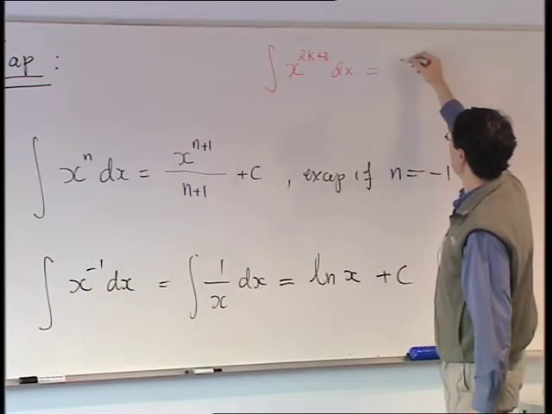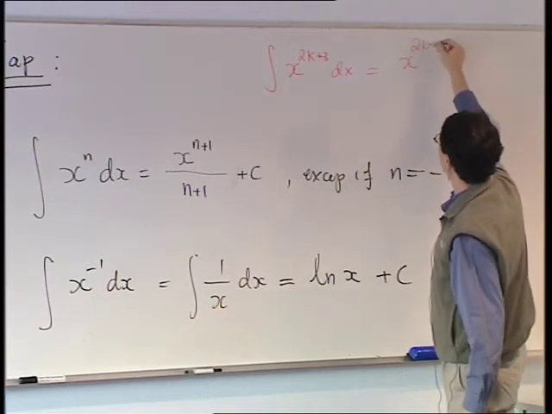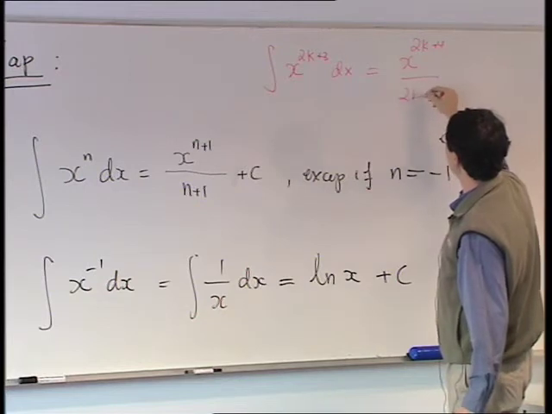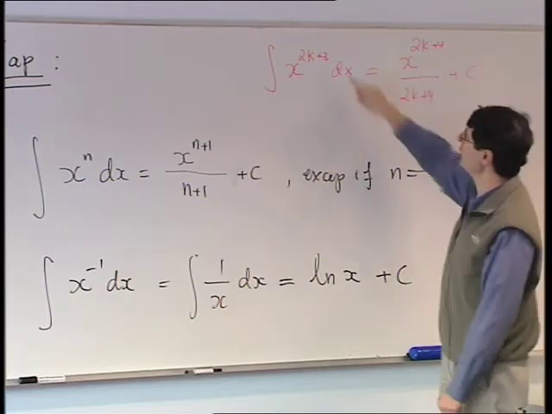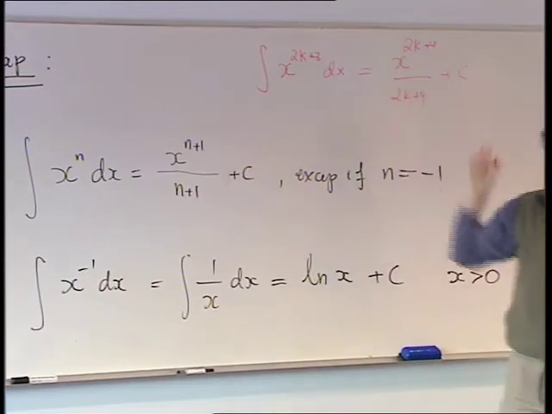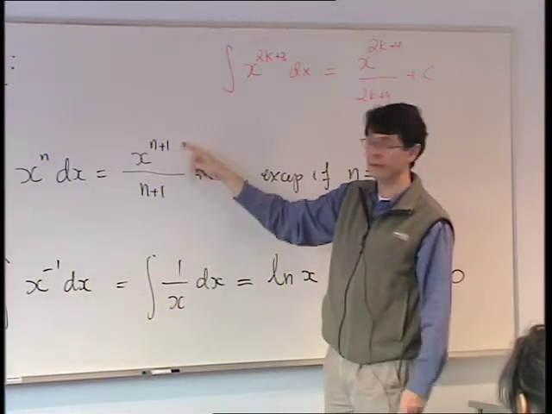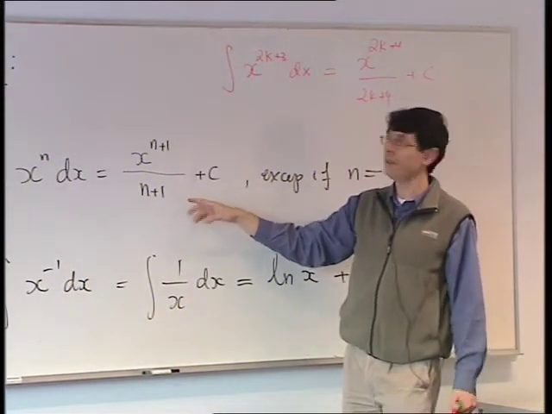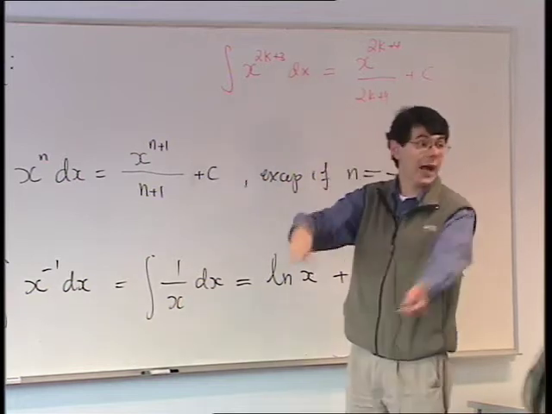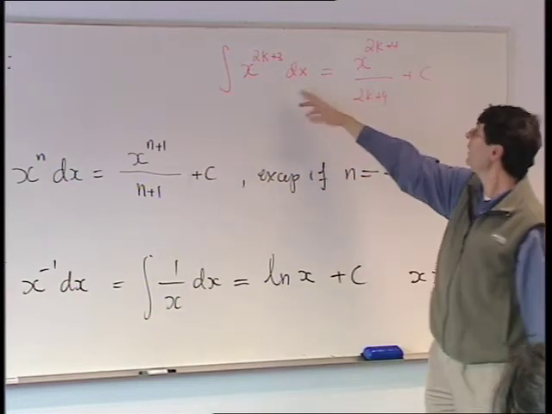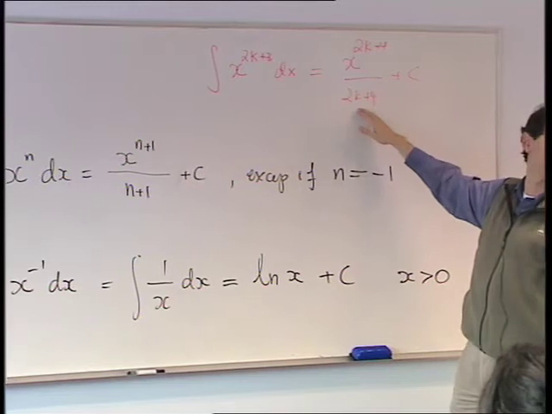So they go there and write, it's x to the 2k plus 4 divided by 2k plus 4 plus constant. You add 1, right? That's what this formula is saying: add 1. So it doesn't matter what's in the exponent, add 1. 2k plus 3 becomes 2k plus 4.